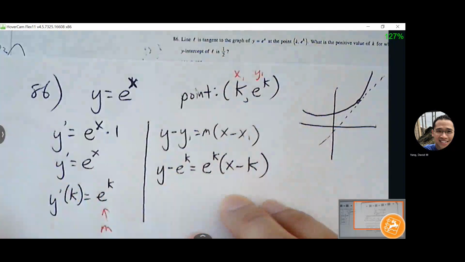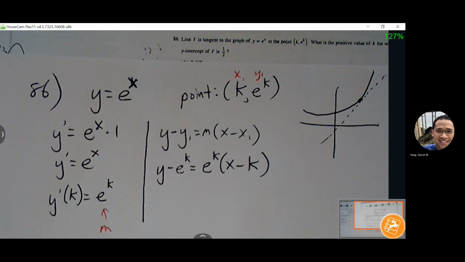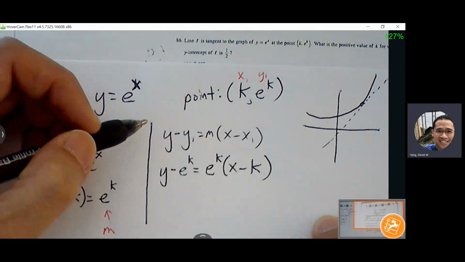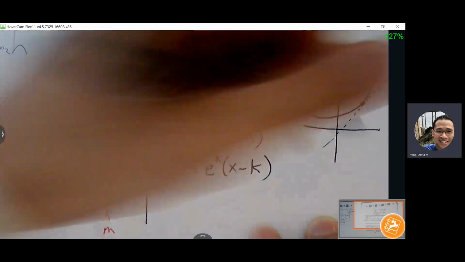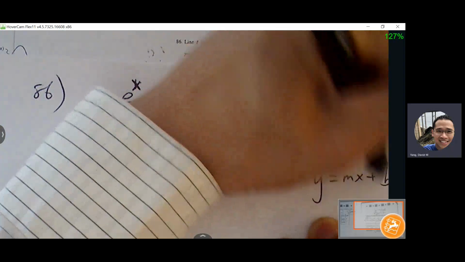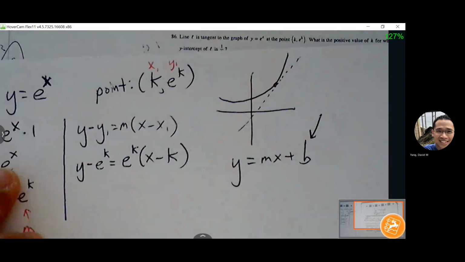All letters here, no numbers. Now, we know that our y-intercept is 1/2. That's the only clue that we have. So y equals mx plus b. We know that our b value is 1/2.